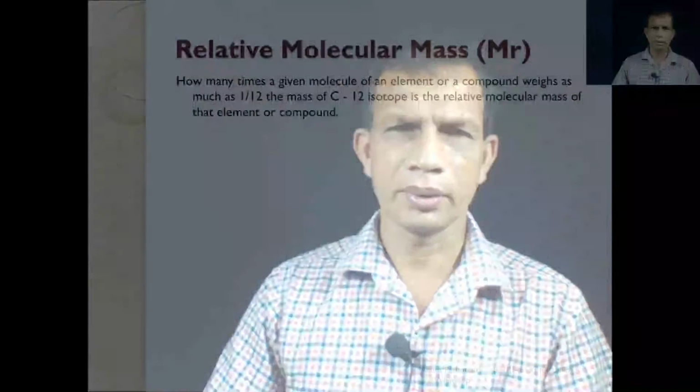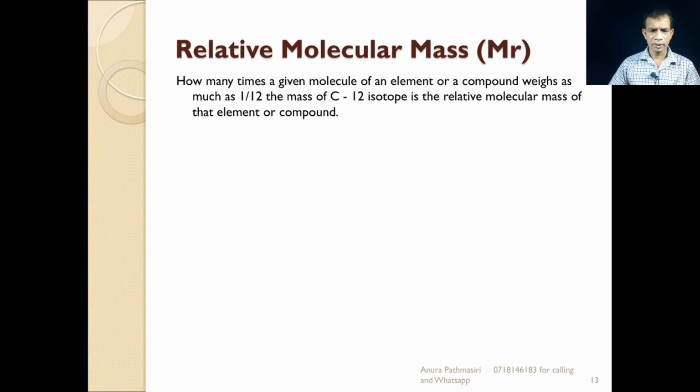And relative molecular mass. We discussed earlier the relative atomic mass, and this is relative molecular mass. What is it? It is how many times a given molecule of an element or compound weighs as much as 1/12 the mass of the C-12 isotope. That is the relative molecular mass of that element or compound.